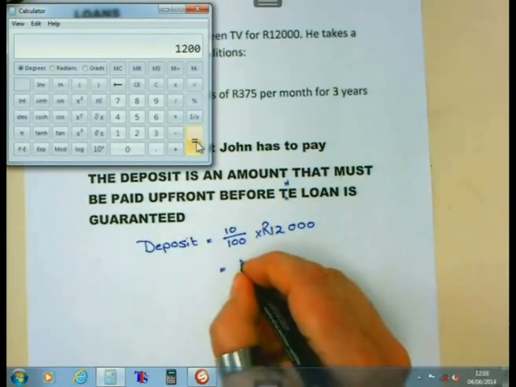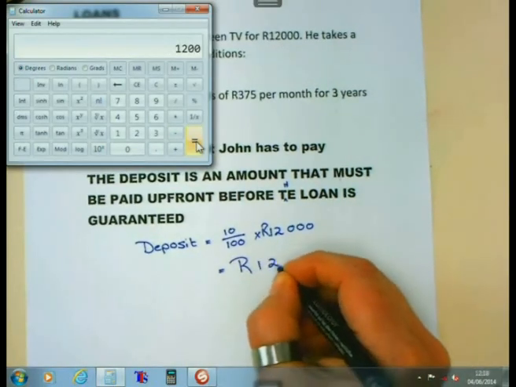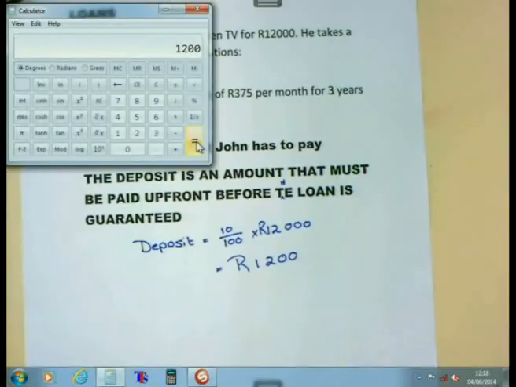And the amount of 1,200 rand is what John must pay to the shop owner before he can take the TV from the store. The rest of the money, John is now going to pay off every month until he has, at the end of the day, paid off everything for the loan.